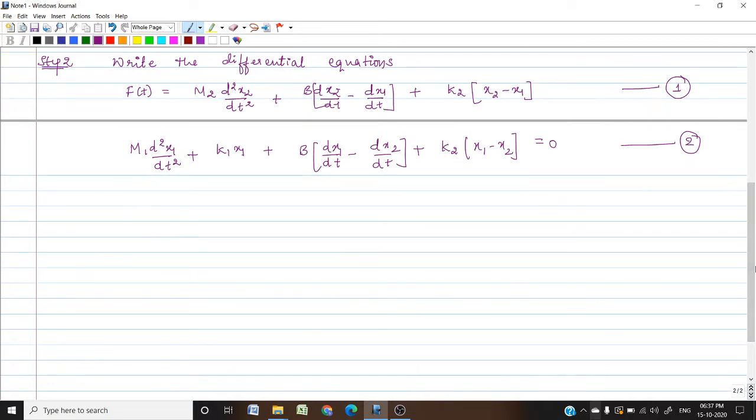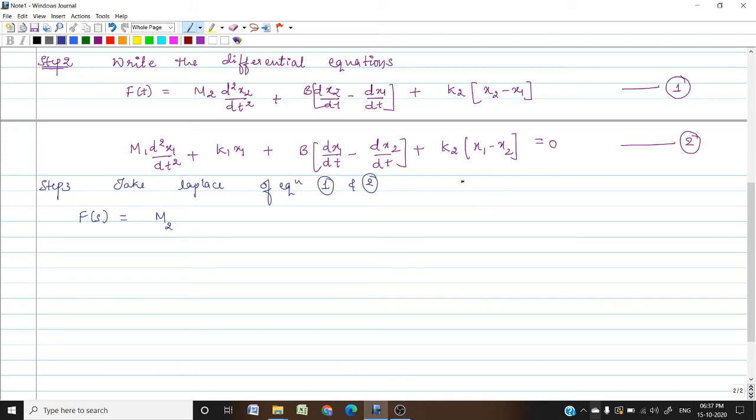With this, step number 3 will be taking the Laplace transform of equations 1 and 2. Step number 3, take Laplace of equation 1. For the first equation, I'll have F of s is equal to m2.